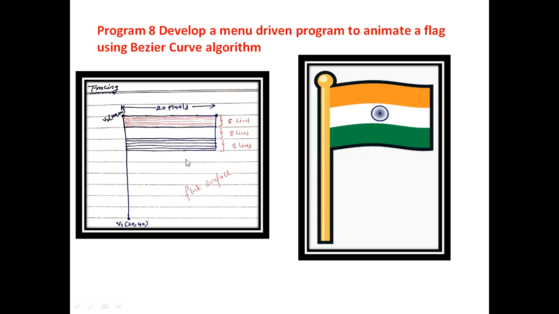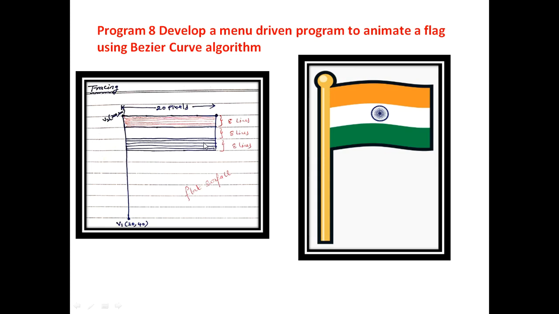First we will design the flat surface. After designing the flag in the shape of a flat surface, we will give motion to that flat surface, controlled by the theta value.